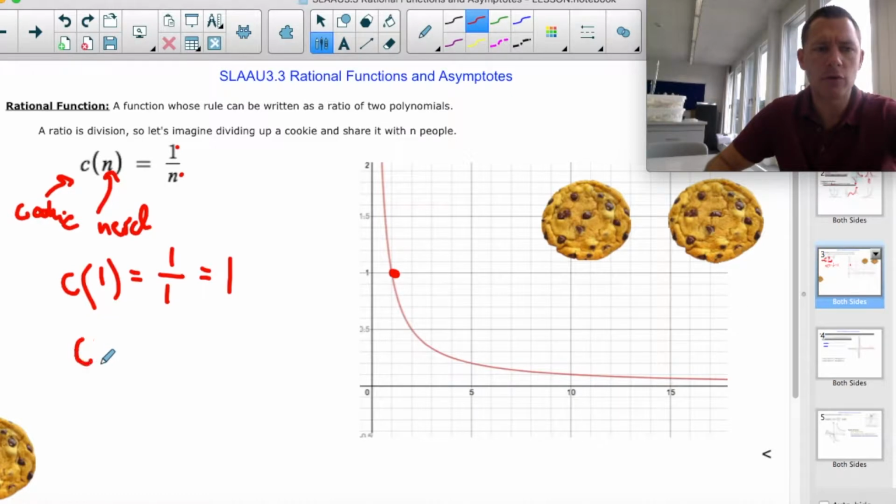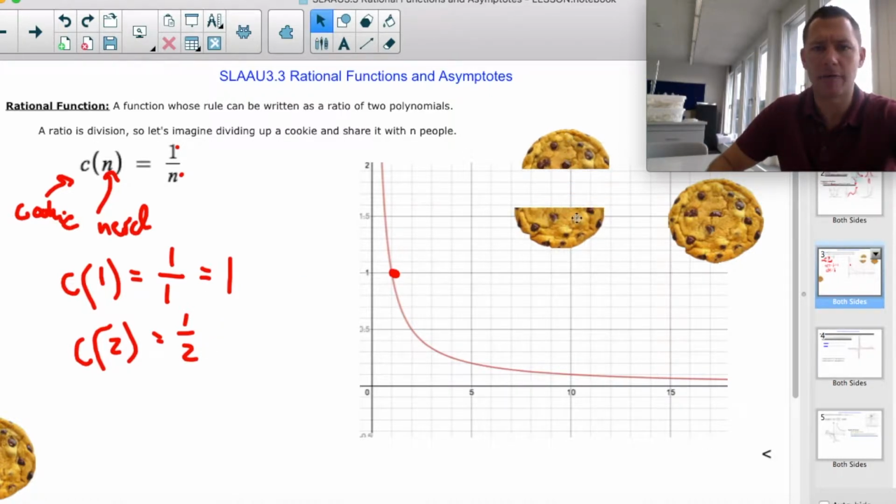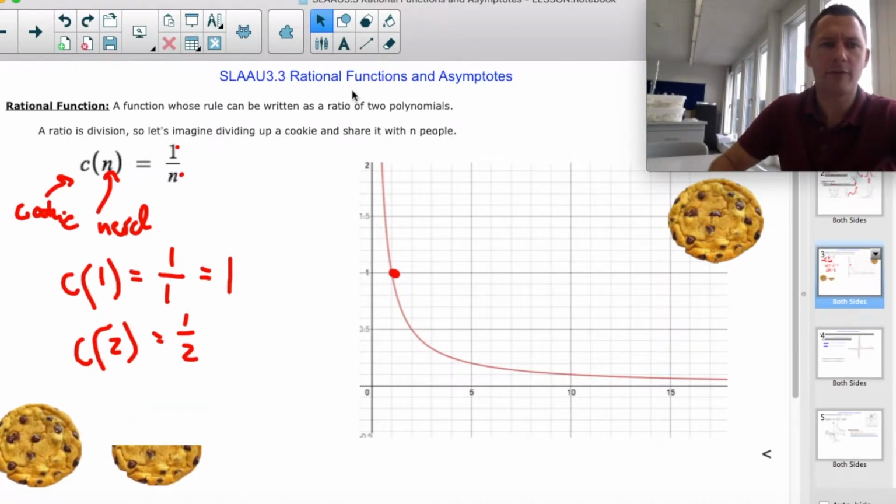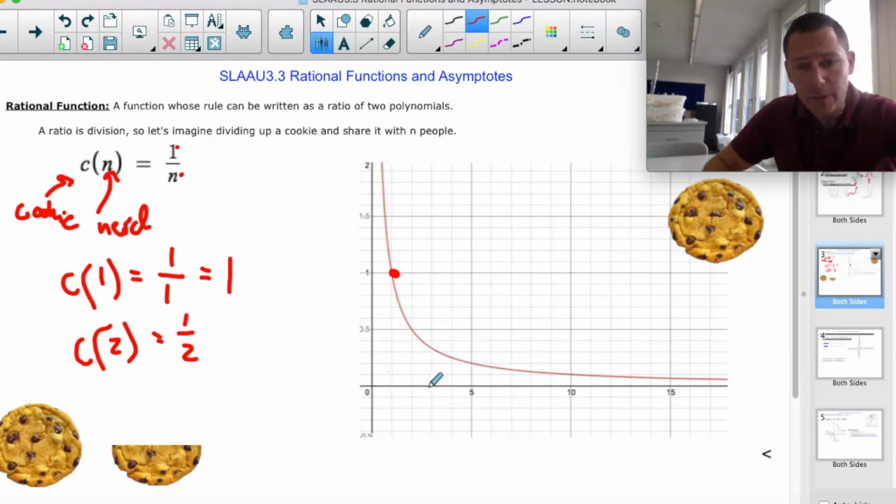If you took C of 2, you took one cookie and divided by two people, everybody gets half a cookie, right? You take one cookie and you break it in half. This person gets that cookie, that person gets that cookie, and so you go 2 and then a half. So this is 2, 1/2 right there, right?